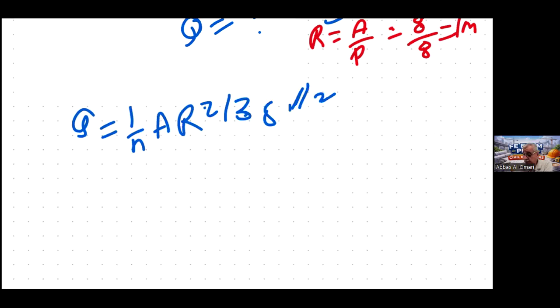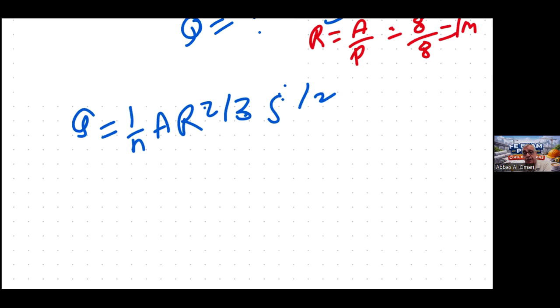This is S, the slope, to the power 0.5. So this is the Manning equation.